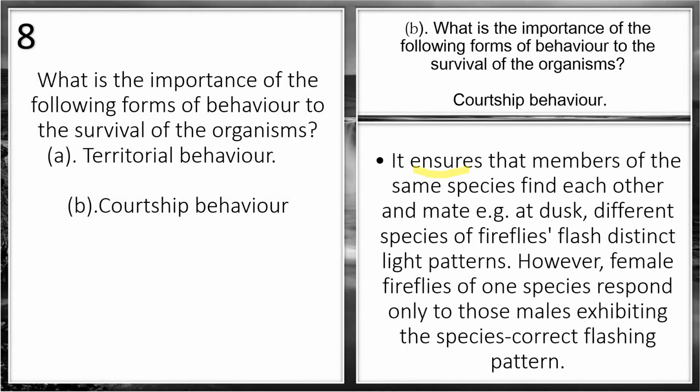It ensures that members of the same species find each other and mate. For example, at dusk, different species of fireflies flash distinct light patterns.